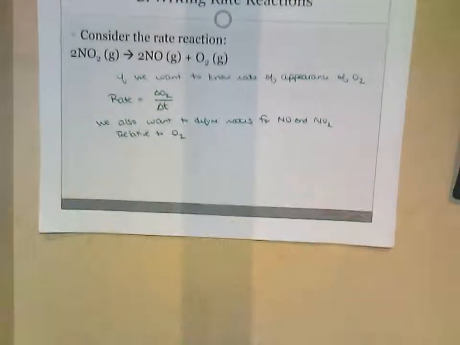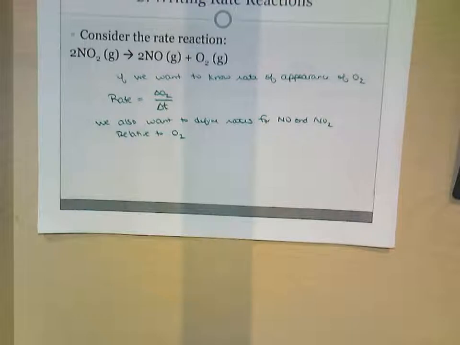We also want to be able to define the rates of the nitric oxide appearance and the nitrogen dioxide disappearance relative to oxygen. We want to know how they all are interrelated, right? If one's appearing, one's disappearing, how fast are they related?